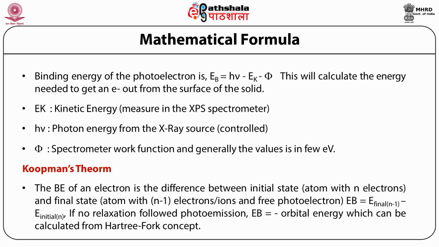So, the binding energy is equal to the energy of the final state that contains n-1 electrons minus the energy of the initial state which is containing n electrons. If no relaxation followed photoemission, the binding energy is equal to the negative of the orbital energy, which can be calculated from the Hartree-Fock concept. The photoemission process often has three steps.